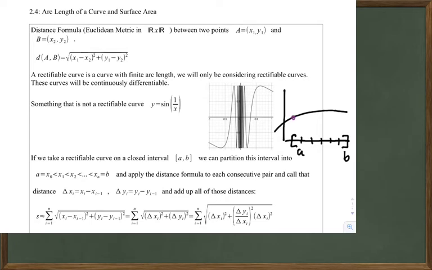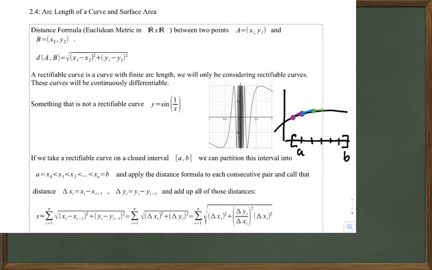We'll start here and go to here and find that line segment length, then from here to here we find that line segment, and then from here to here, etc. We're going to add up all those line segments, and they approximate the actual length of the curve. So we add up the purple one, the blue one, the green one, etc. We're going to add those all up.